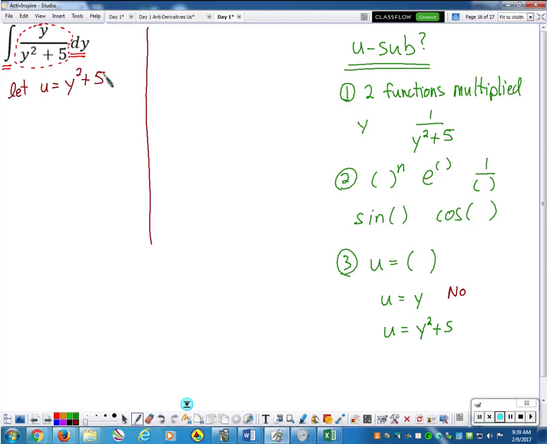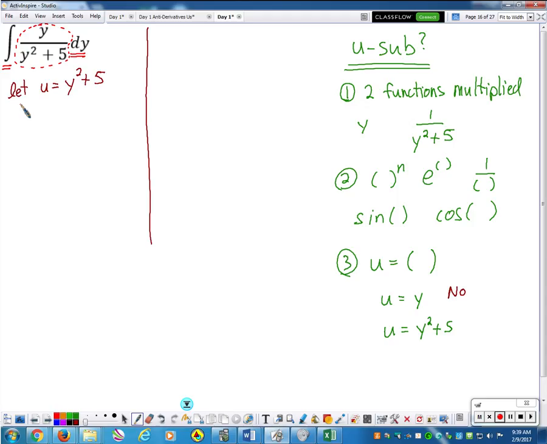Okay, really, on U substitution, the only thing that can cause problems is if you choose the wrong U value. If you've made the correct choice here, the rest of the process is a memorized procedure. You just follow the steps every single time, same steps every single time, and it always works.